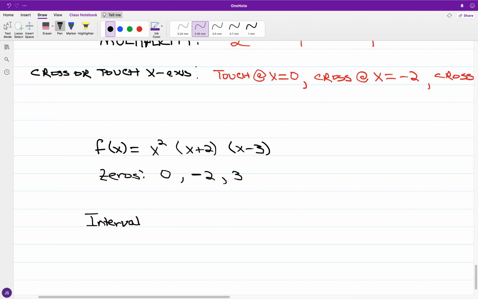Okay, so you have 0, negative 2, and 3. Now the smallest of the zeros we have at negative 2, so at the lowest end we have those values of x less than negative 2. If we bypass negative 2, you have approaching 0. And bypassing 0, we have approaching 3.